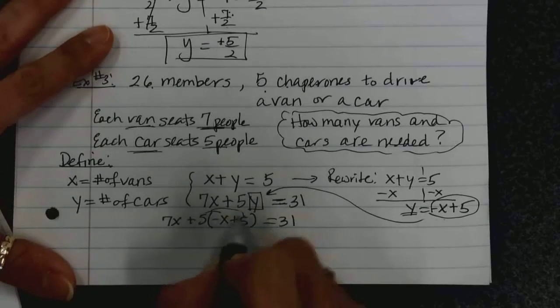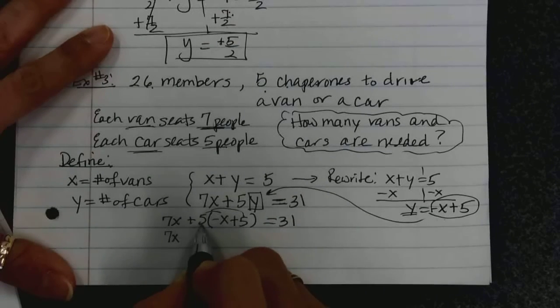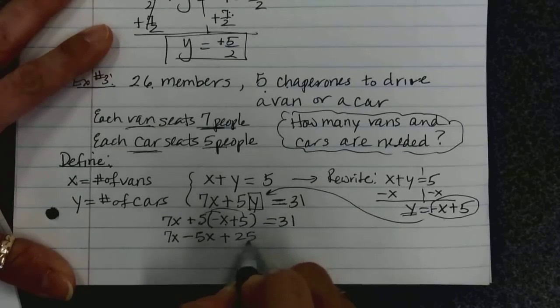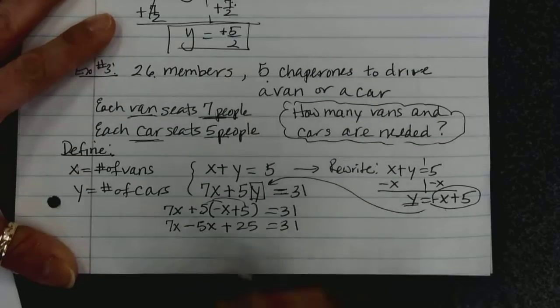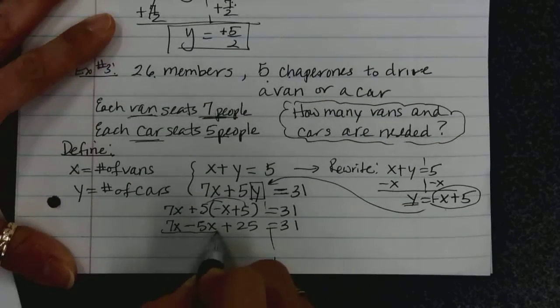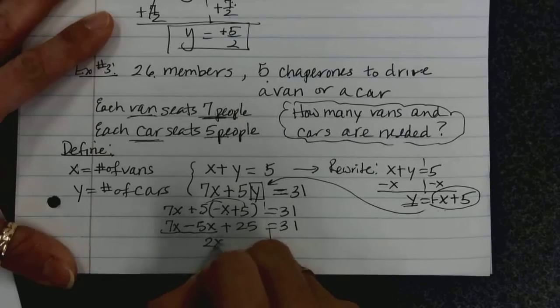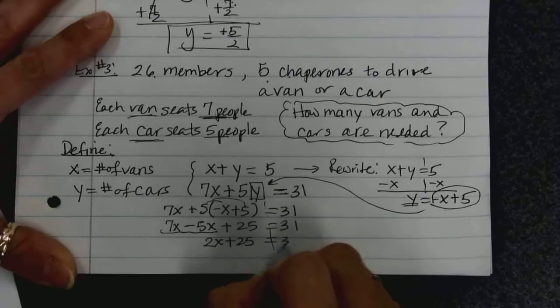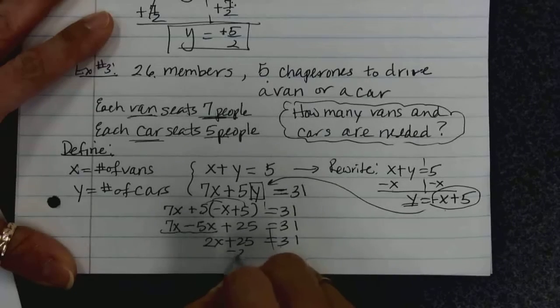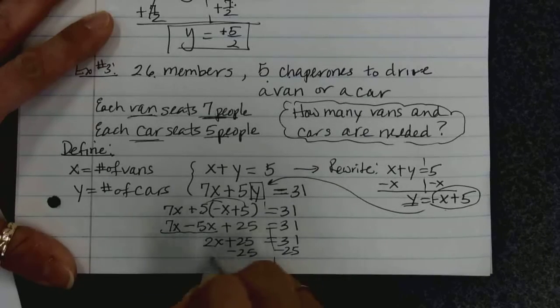And then we're going to distribute. So I've got 7x, 5 times negative x is negative 5x, or minus 5x, and 5 times 5 is 25, equals 31. And these are on the same side, so 7x minus 5x is 2x plus 25, which is equal to 31. And then we're going to solve for x, so minus 25, minus 25.